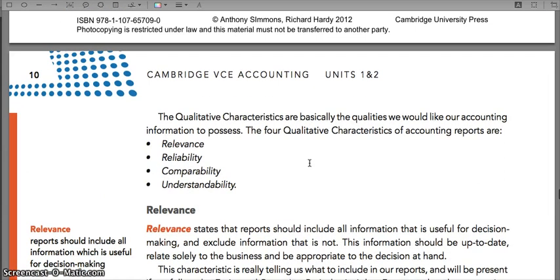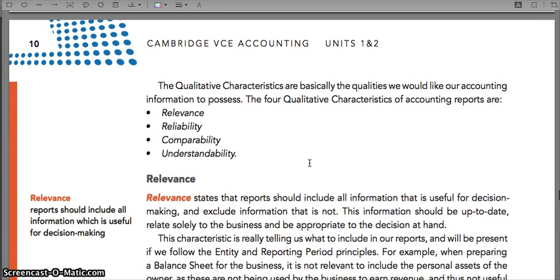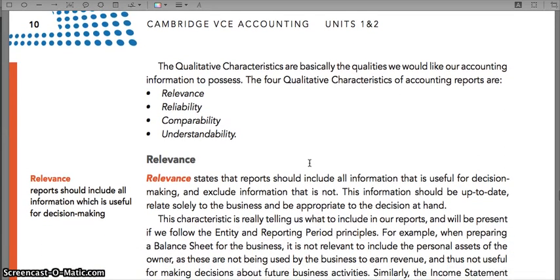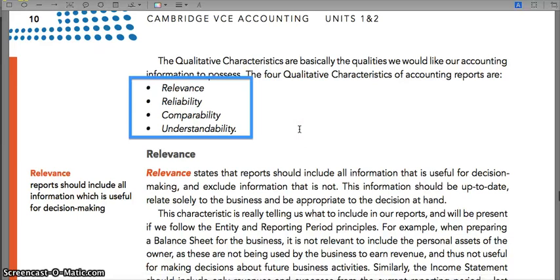And those four qualitative characteristics are relevance, reliability, comparability, and understandability. So all reports that we produce need to be relevant, they need to be reliable, they need to be able to be compared, and they need to be understood by everybody who is going to use those reports.